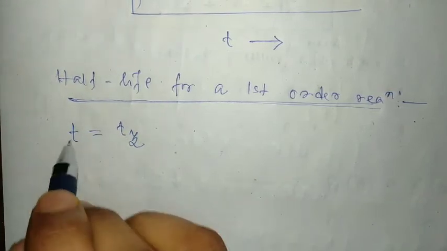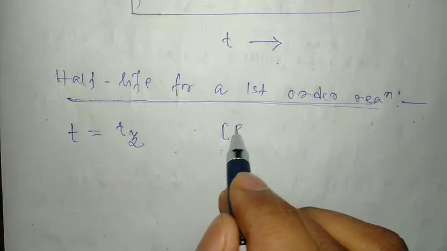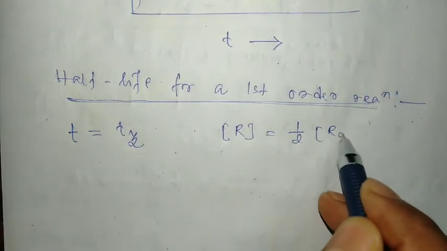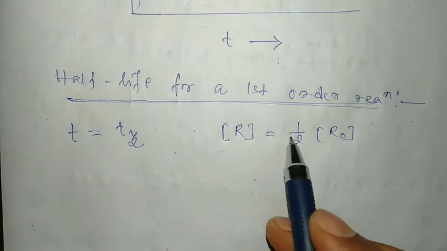So half life is denoted by t half. It is a time at which the concentration of the reactant reduces to half of the initial concentration of the reactant.